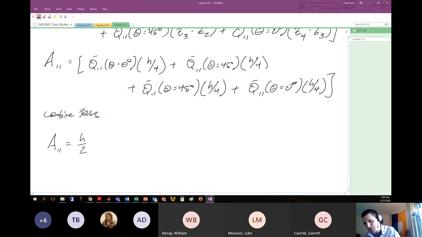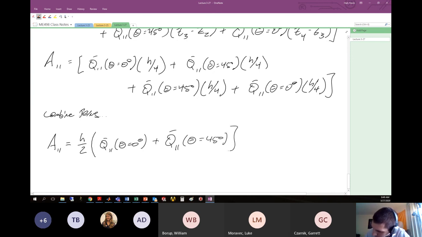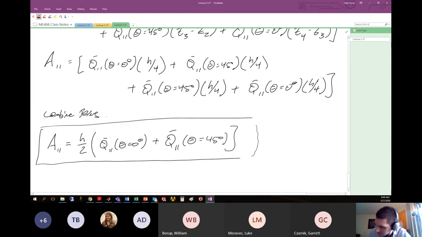And notice that we have 2 of each contributing stiffness, multiplied by Q bar 1,1 for theta equals 0 degrees, plus Q bar 1,1 for theta equals 45 degrees. Okay, and this is the 1,1 entry of the stiffness matrix A.